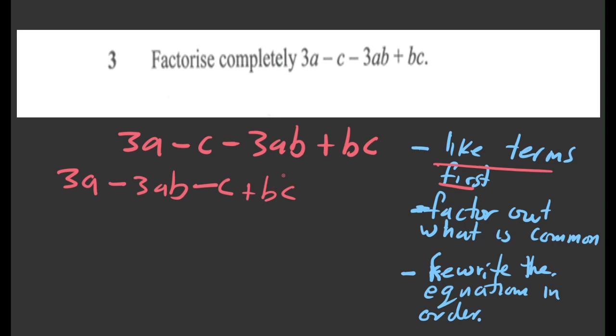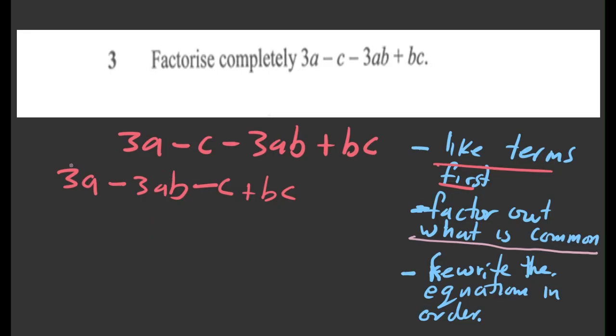After collecting the like terms, now you want to factor out what is common. When you go back to our question, what is common? You can see that we have a from this side, and also a from this side.